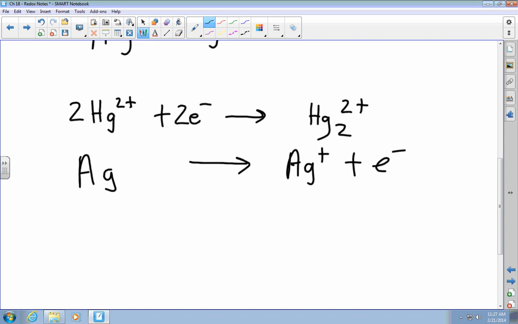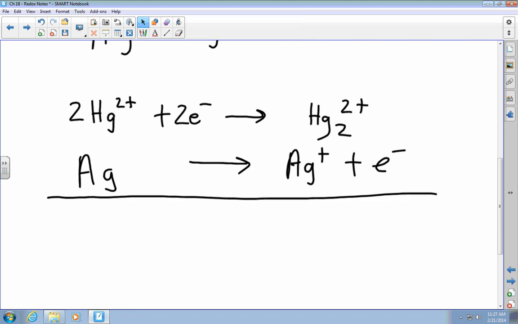Now if we add these two, we're not going to get what we need because the mercury ion needs to gain 2 electrons, whereas silver is only losing 1. So what we need to do is double that second equation. That way we'll have 2 silvers losing 2 electrons. Those 2 electrons can be gained by the mercury.